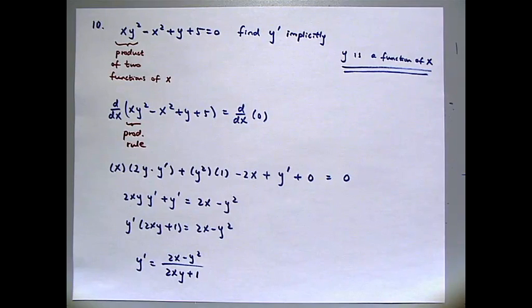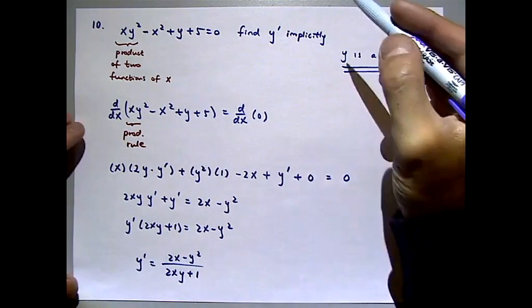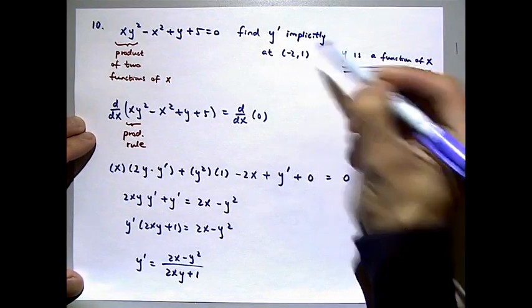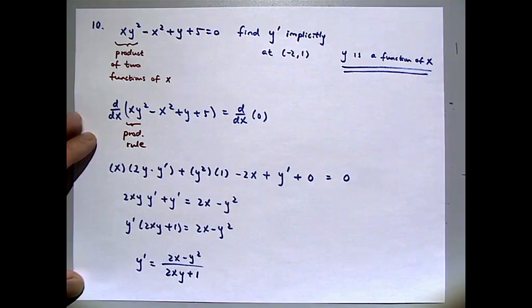Oh, we want to find y prime at minus 2, 1. Right. Okay, so at minus 2, 1, that is x and that's y, right?